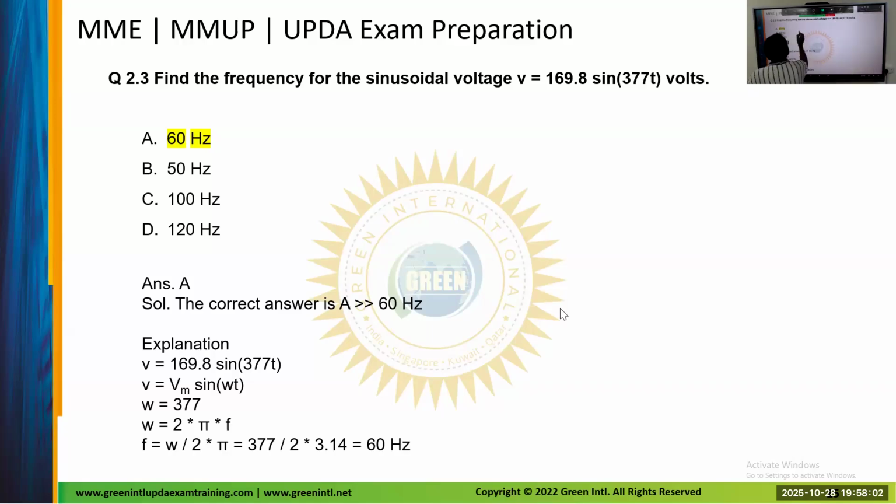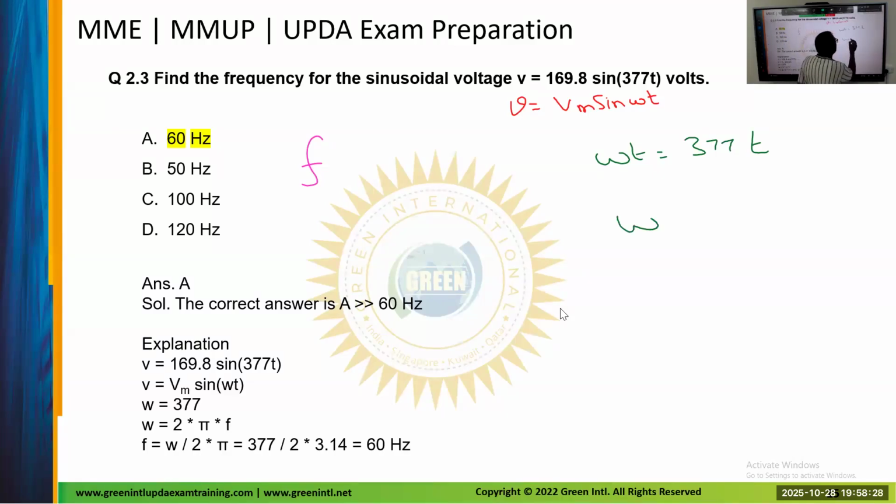So natural frequency, that is f. We need to calculate f. How to find f? The given data, instantaneous voltage Vm sin omega t. In this equation, omega t is equal to 377t.